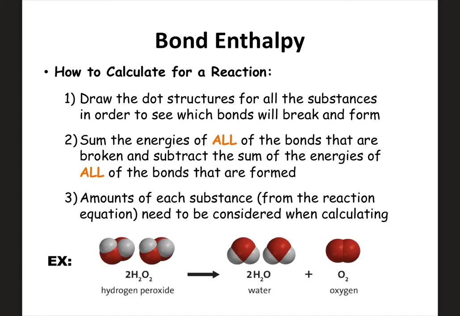We haven't really worked on balancing equations yet, but you will be given the entire balanced equation. You just have to pay attention to the numbers. So if you look in this equation here, these numbers in front tell you how many there are of each substance. So if there's two of something, you need to realize that if I'm breaking a bond in one of the molecules, I'm actually breaking that bond twice because there's two of them. And we'll look at this as we go through examples.